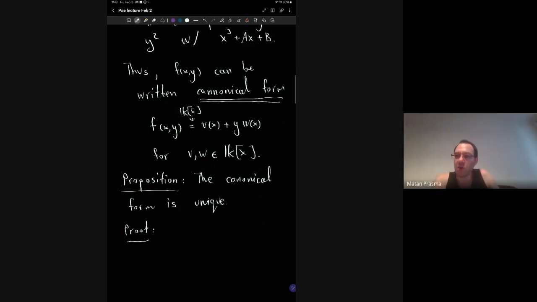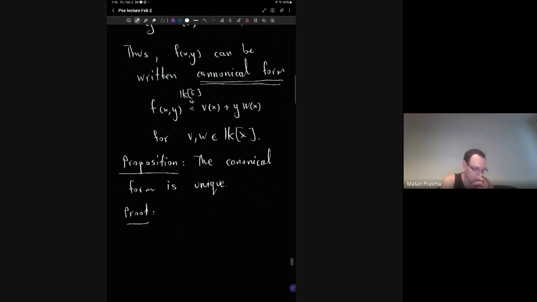Okay, so it's very straightforward. You could have done it as an exercise, but just to give you a sense, say f(x,y) is equal to v(x) plus y w(x), and let's say it's also equal to v'(x) plus y w'(x).